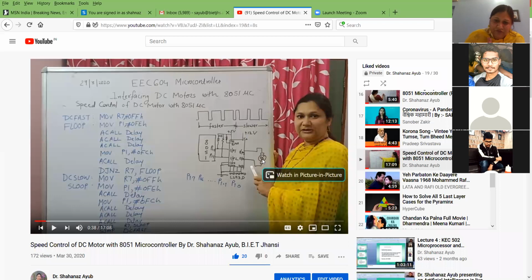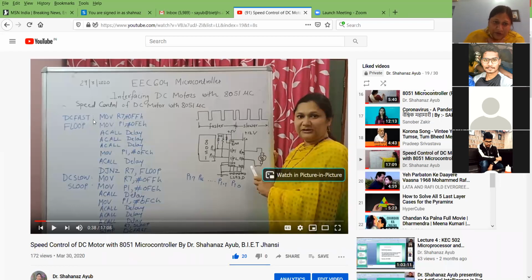If it is a 24 volt motor, then this pin should get 24 volt supply. This 12 volt, 24 volt is isolated from the 8051 microcontroller supply. Now inputs we connect with pull-ups. 10K pull-ups are used, pulled up to VCC.